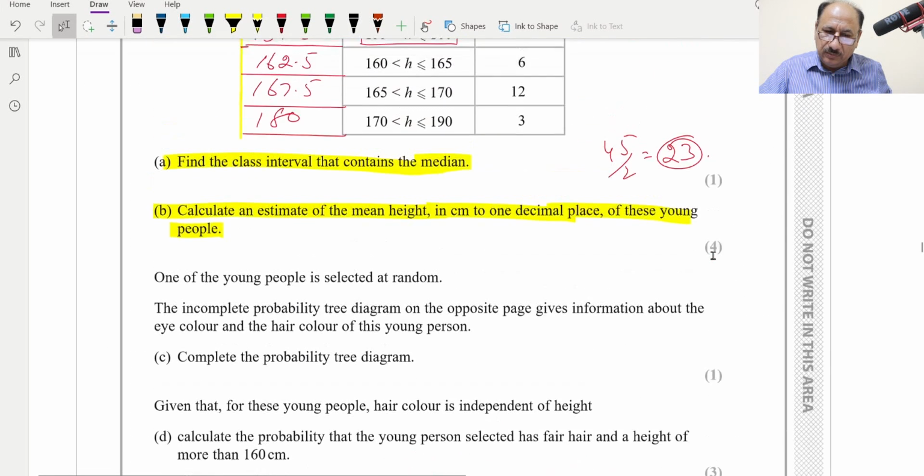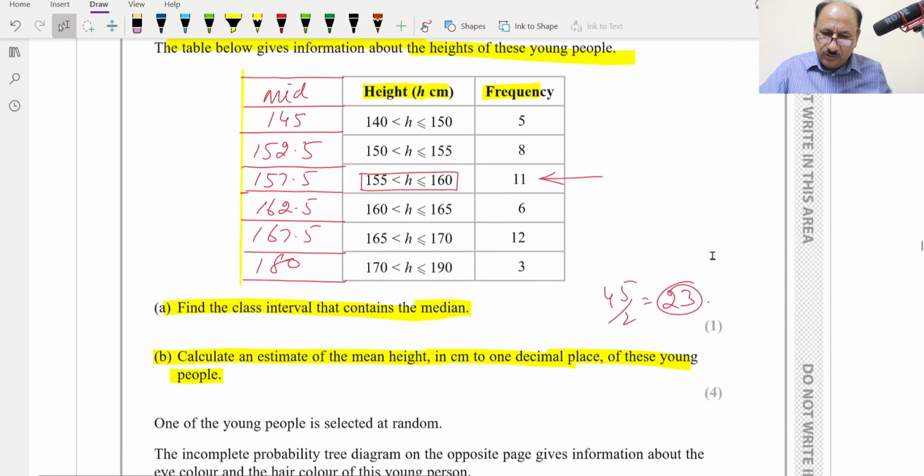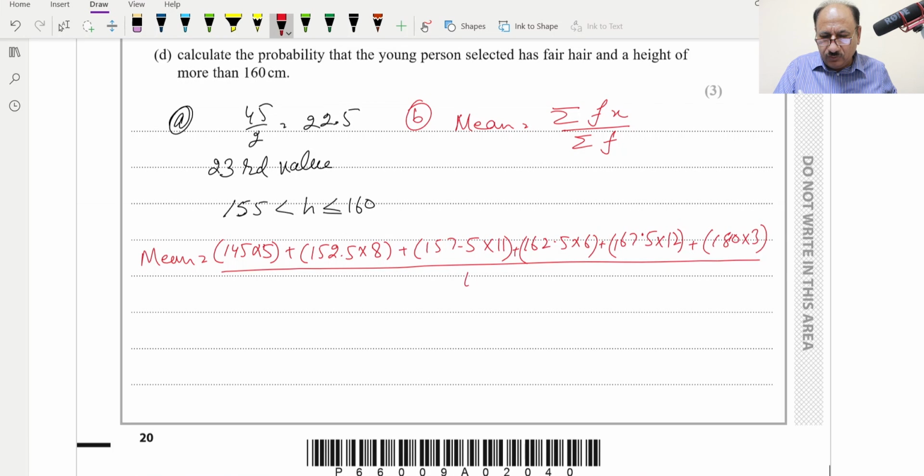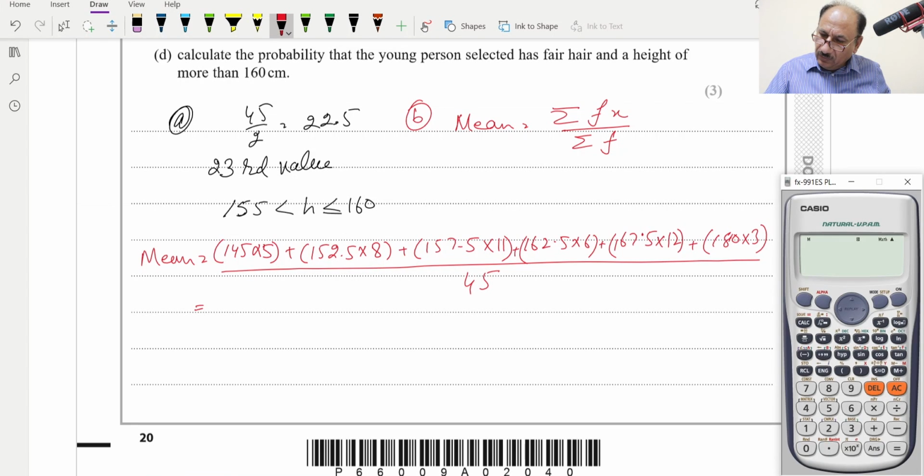So 1 2 3 4 5 6 terms. Yes, we are done with all, and divided by 45, the total of frequency, and we can now simplify.